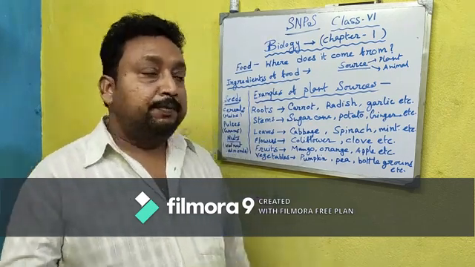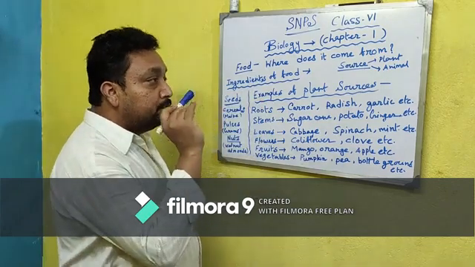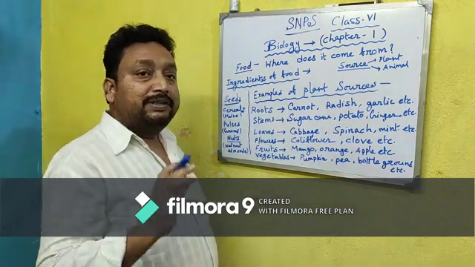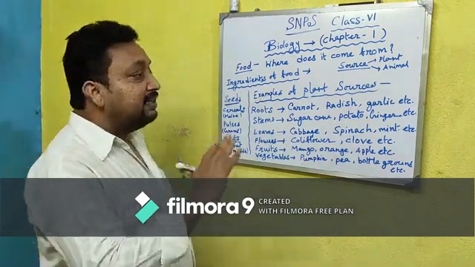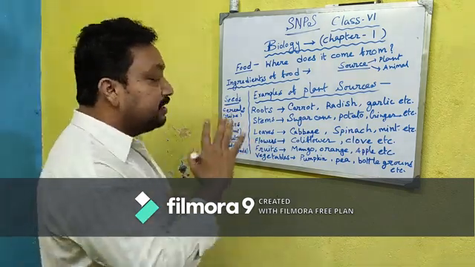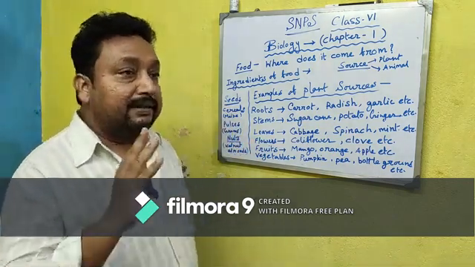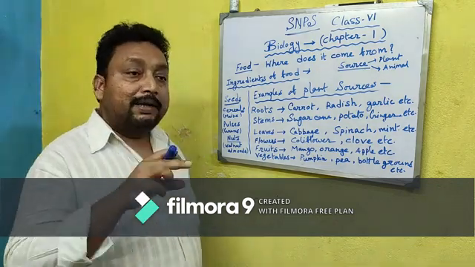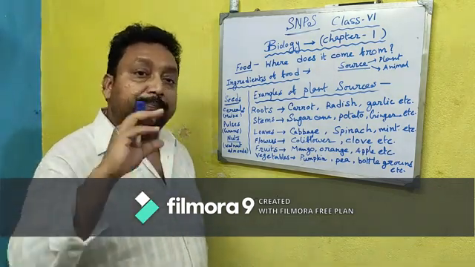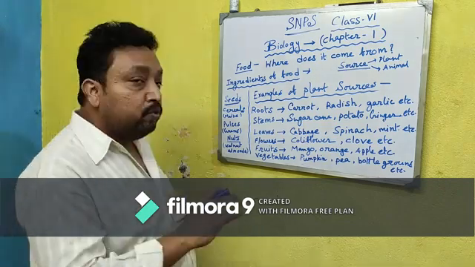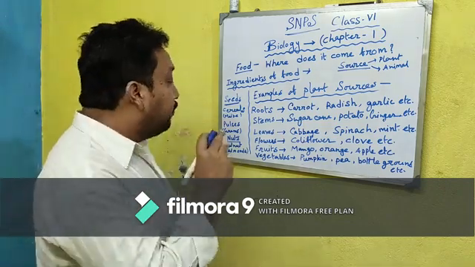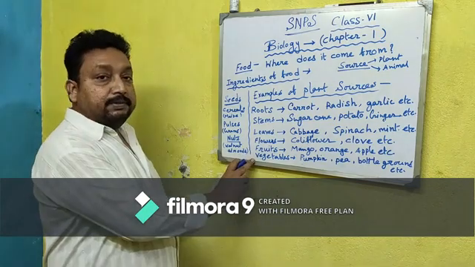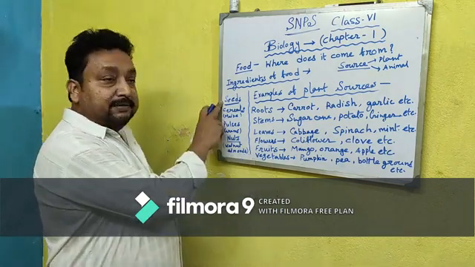I repeat, the source of food that we get from plants is divided by the part of the plant: root, stem, leaves, flower, fruits and vegetables, even seeds.